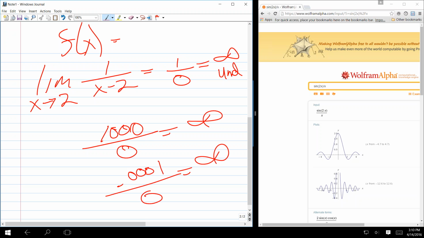Notice if you try some numbers there, if you put in 0.1 for the denominator, you'll get 10. Put in 0.01, you'll get 100. Put in 0.0001, you'll get 1,000. In other words, the closer this denominator gets to 0, the bigger the answer gets.